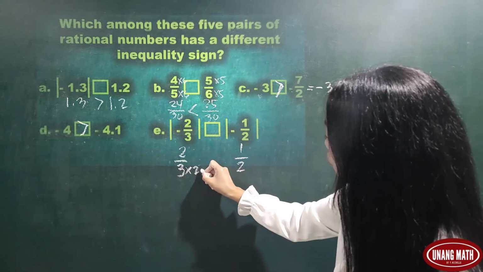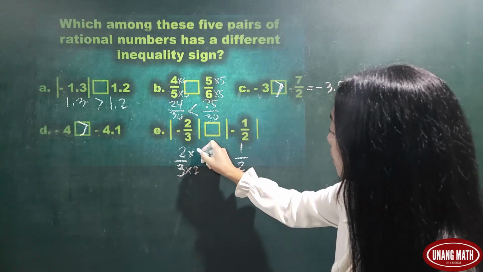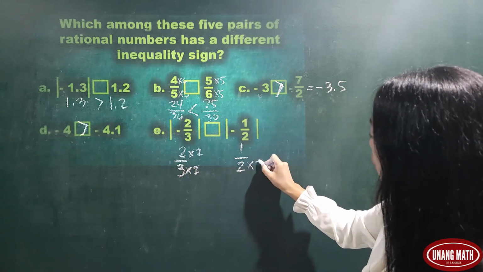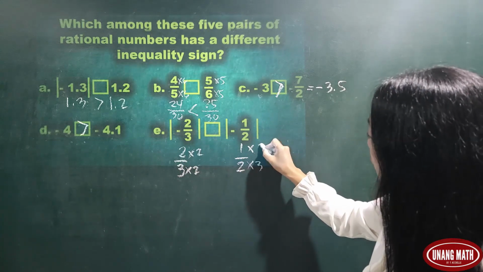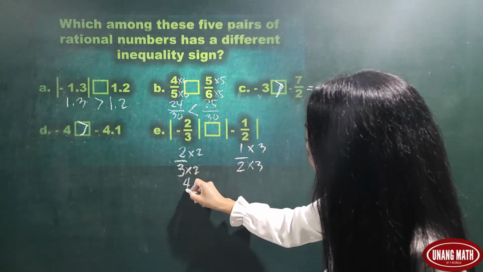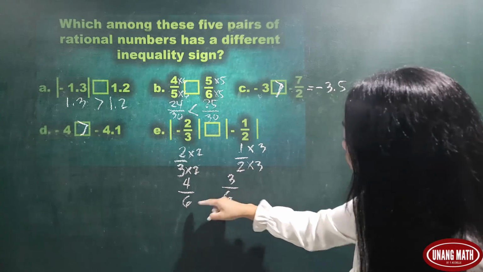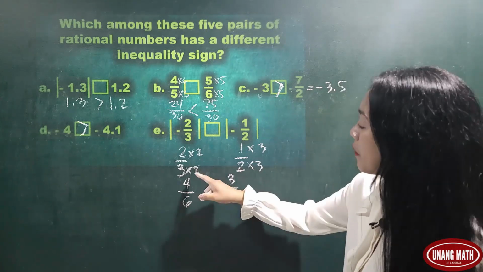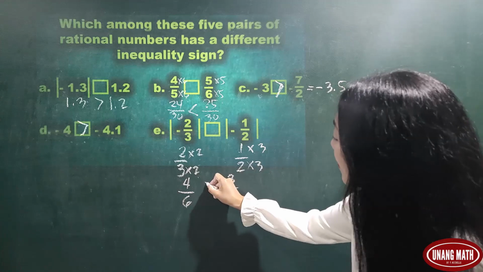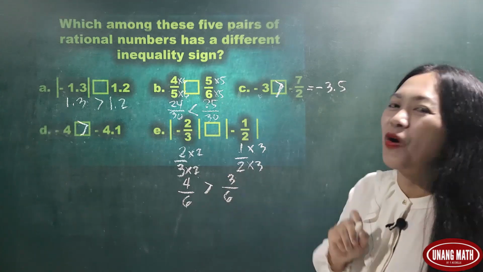So 3 times 2, this is times 2. 2 times 3, times 3. This is 4 over 6 and this is 3 over 6. Same denominators, but 4 over 6 is greater than 3 over 6.